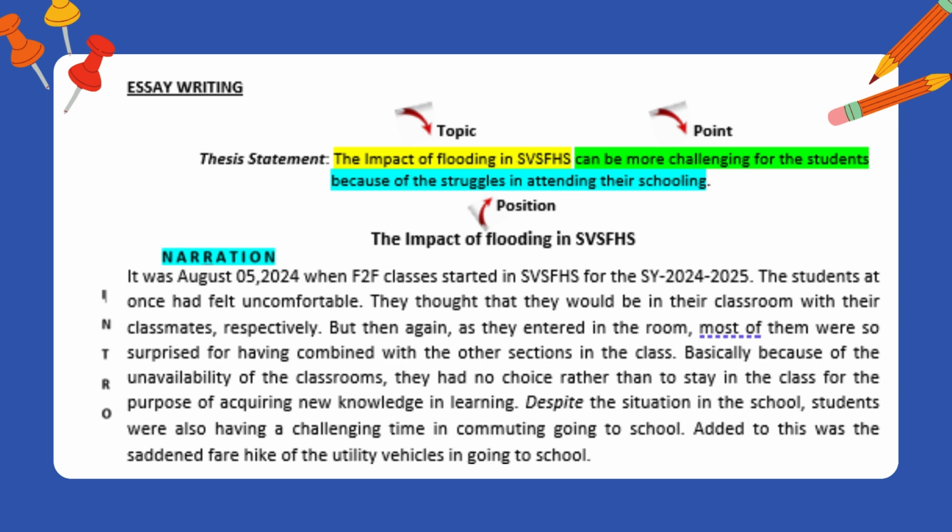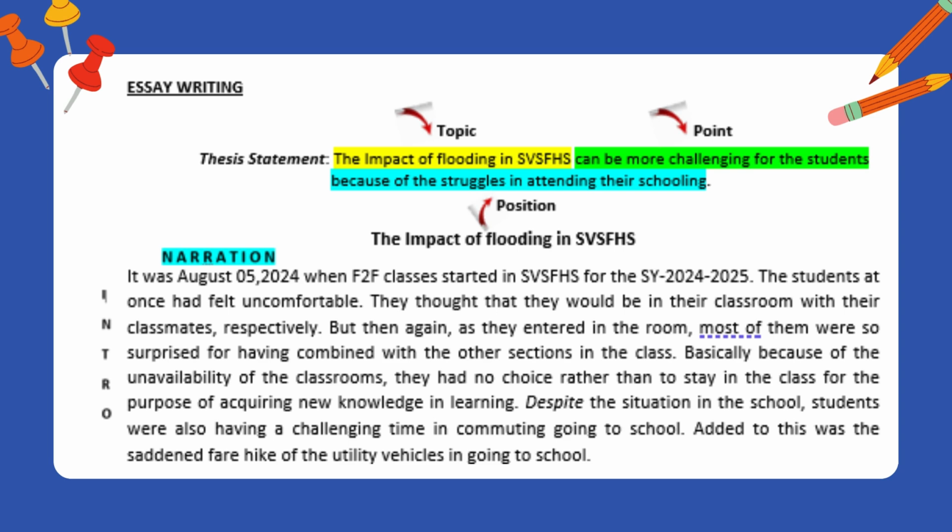Okay, why was it challenging for the students to go to school in SBSF, knowing the impact of flooding on them, and what support positions would be added? It turned out to be challenging because they struggle a lot in attending their schooling.